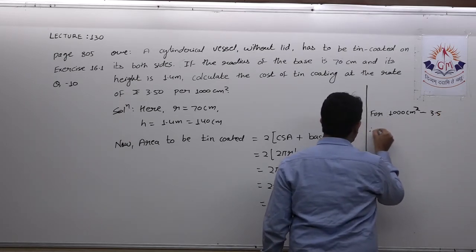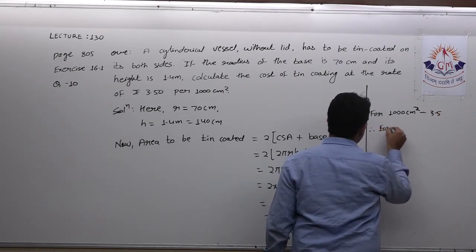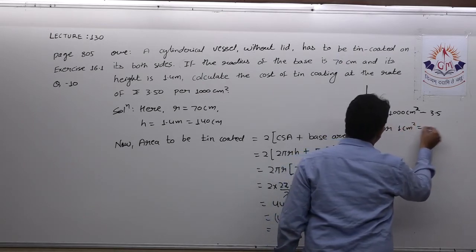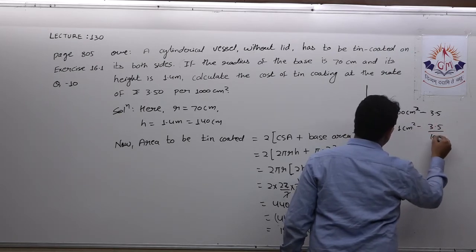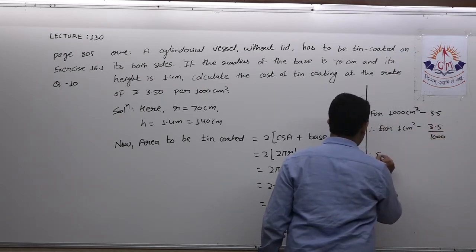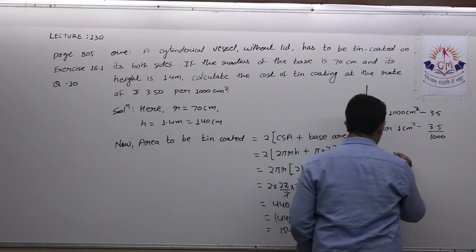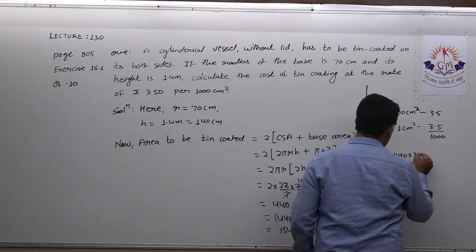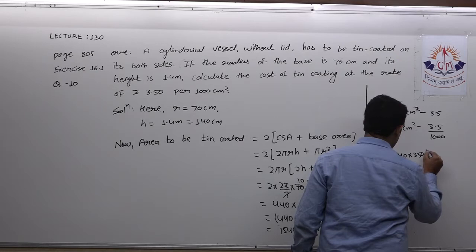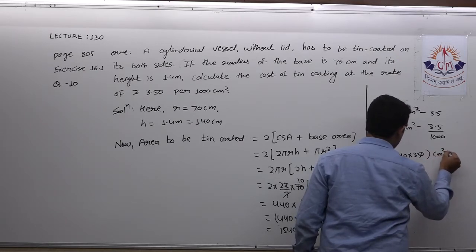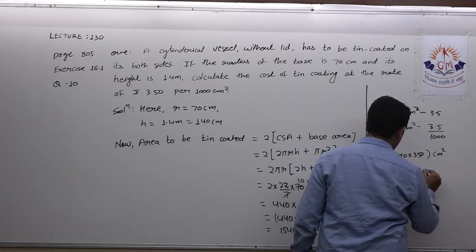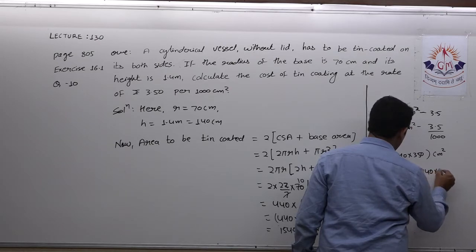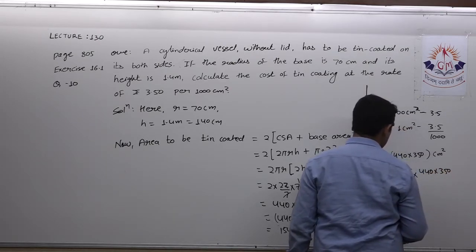Therefore for 1 centimeter square it will cost 3.5 upon 1000. Therefore for 440 into 350 centimeter square the cost will be 3.5 upon 1000 multiplied by 440 into 350.